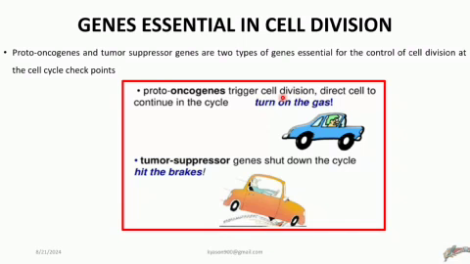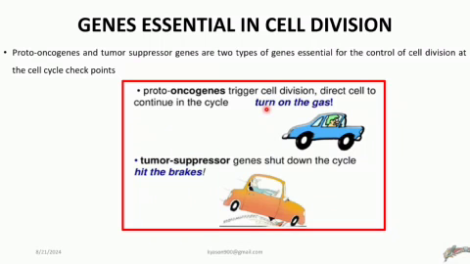On the other hand, tumor suppressor genes code for proteins that will shut down the cell cycle. You can imagine them to be like the brake pedals of your car, while the proto-oncogenes are like the gas pedal.